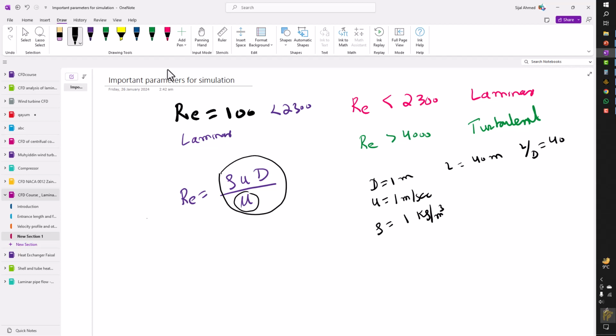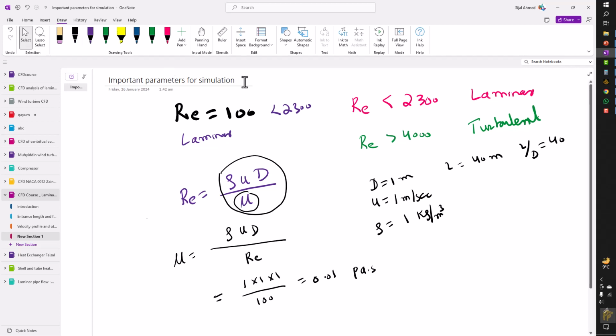It should be calculated from the formula. So we can calculate mu as rho u d upon the Reynolds number. Put the values, and this is equal to 1 into 1 into 1 divided by 100, and this is 0.01 Pascal second.